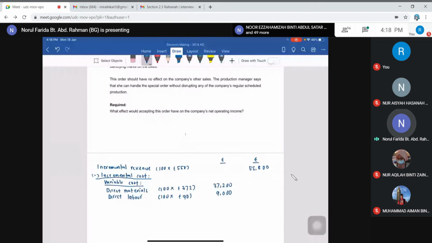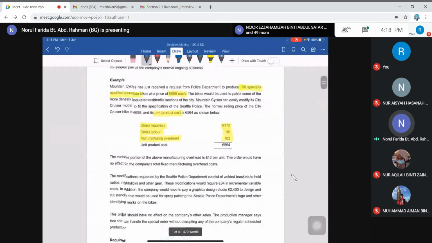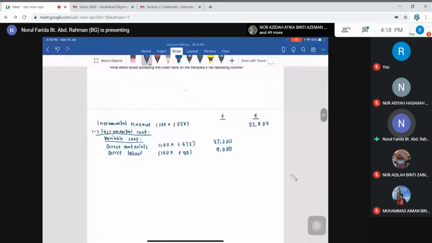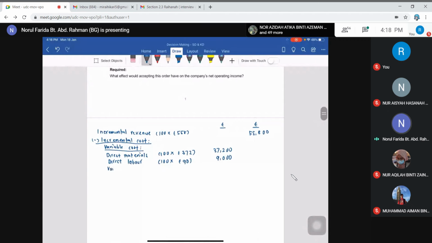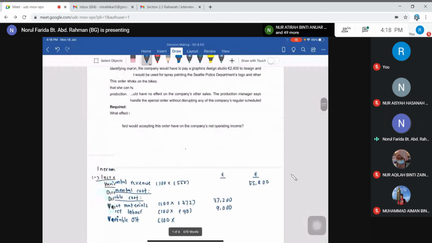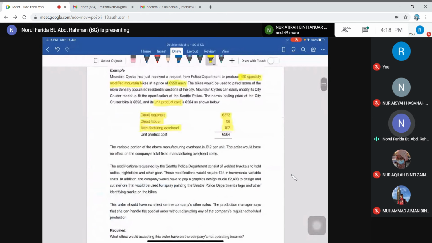And then you have your manufacturing overhead. In this case, because this is variable cost, you need to take only the variable overhead. In this question, they say the variable portion of the above manufacturing overhead is 12 per unit.